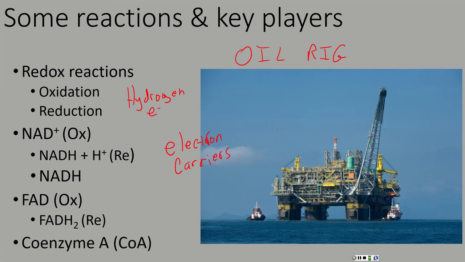When we talk about moving electrons from one molecule to another, or when we talk about gaining or losing electrons, well, these are the guys that actually assist in moving those electrons. Every single time we see NAD+ or FAD, they're going to be doing the same thing. They're going to come up to a molecule and they're going to take hydrogen away from that molecule. Why hydrogen? Because hydrogen contains electrons.